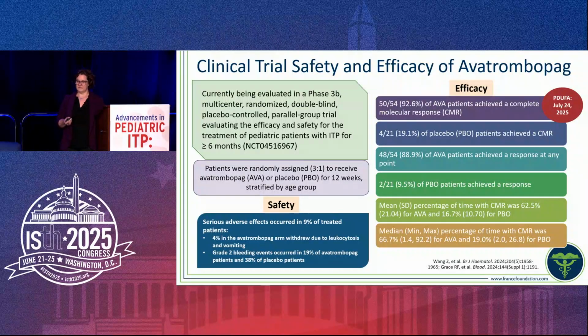The study looked at both safety and efficacy, and serious events occurred in about 9% of treated patients, with 4% of patients in the avatrombopag arm withdrawing due to leukocytosis or vomiting, and grade 2 bleeding events occurring in 19% of avatrombopag patients and 38% of placebo patients, so about a 50% reduction.